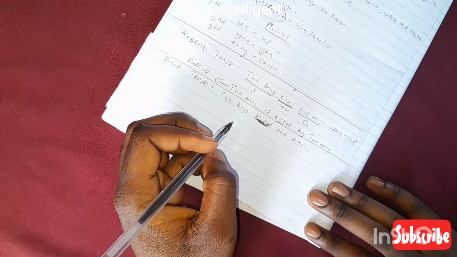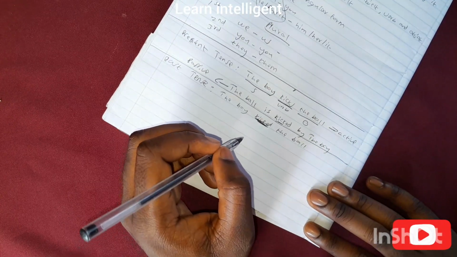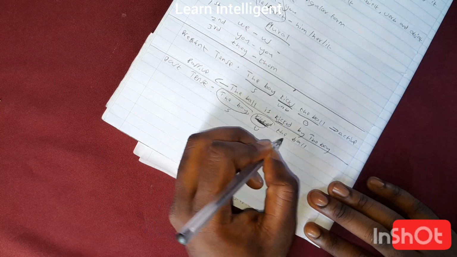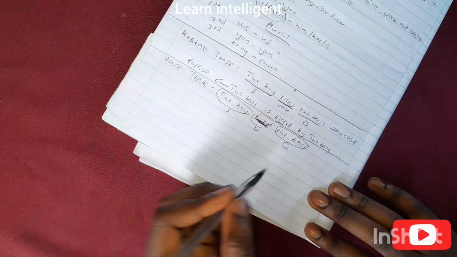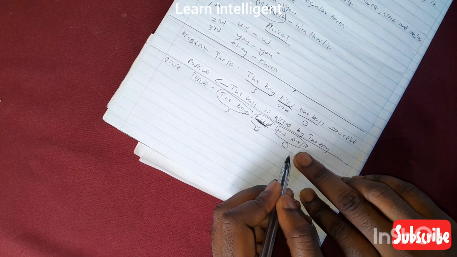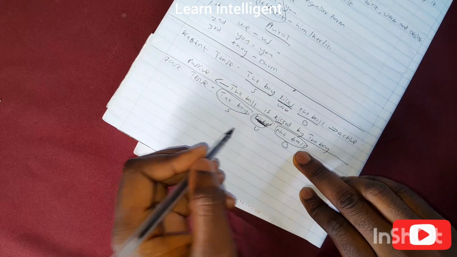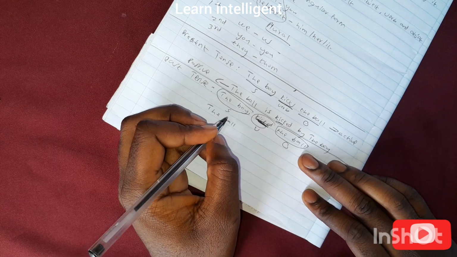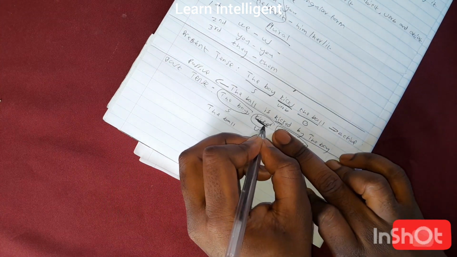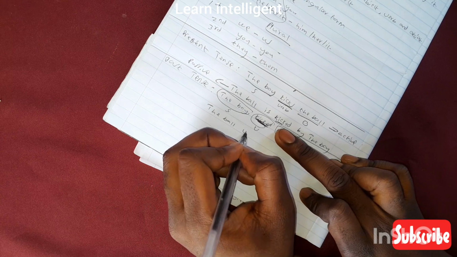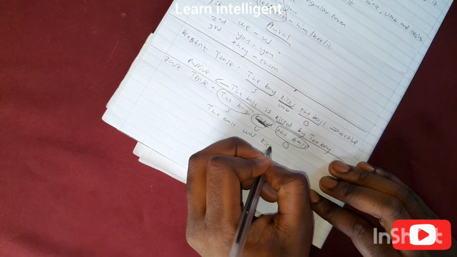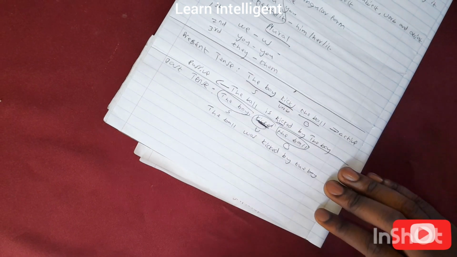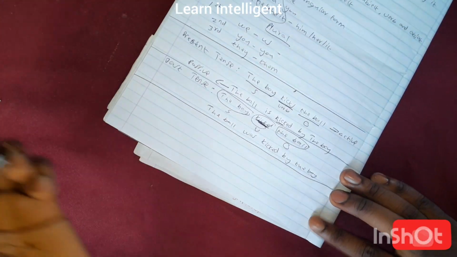Here's our verb. Then we divide the sentence into subject, verb, and object. This is our subject, this is our verb, and this is the object. Then we begin with the object: the ball. Just because our verb is in past tense, we use was. The ball was kicked by the boy. Then we are done.